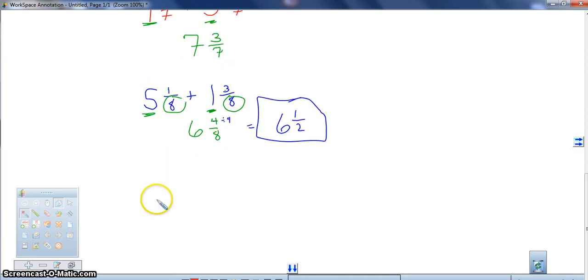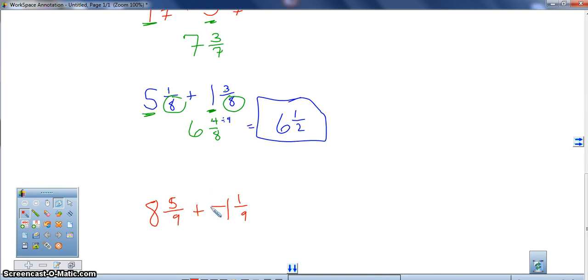What if you have 8 and 5 over 9 plus a negative 1 and 1/9. Okay, let's look at that one. So on this problem, it's actually like you're subtracting because you're adding this negative, so you have to subtract.